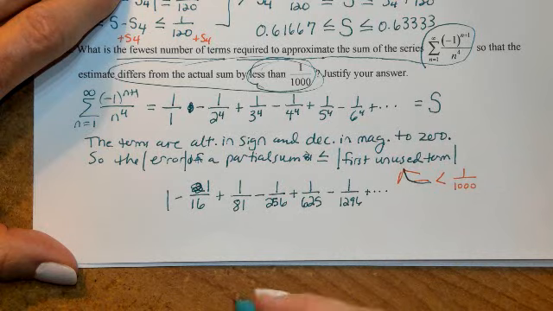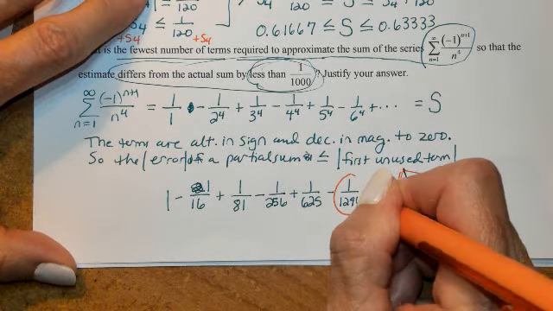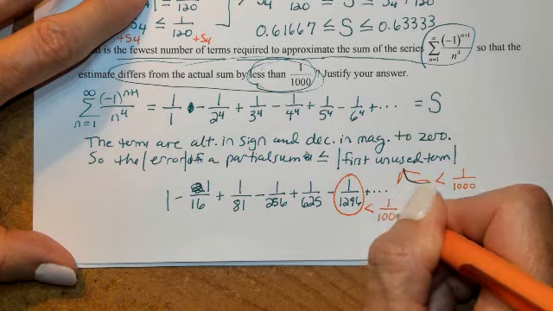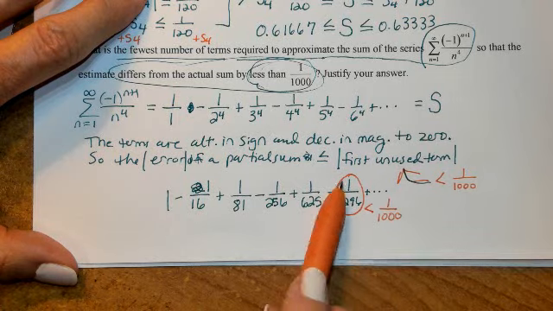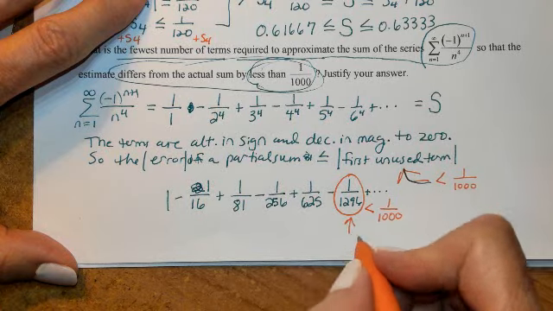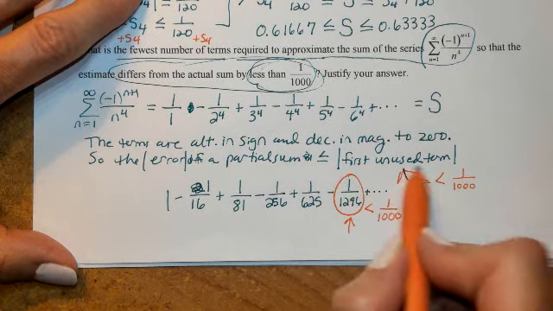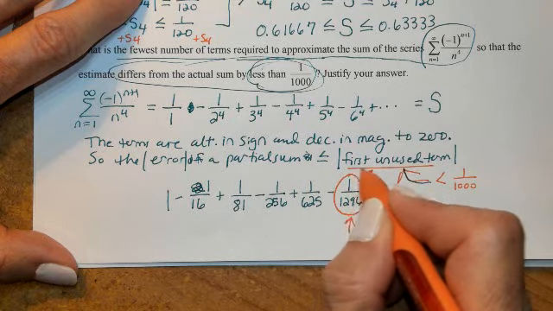I get to stop because I reached a term that was less than 1 over 1,000, right? The denominator is larger than this denominator, their numerators are the same, so I am there. So that would go right here. That's my first unused term.